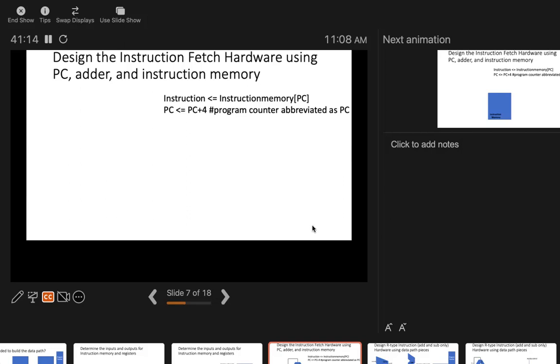Okay, so those are the blocks that you'll be using. How's it going there?